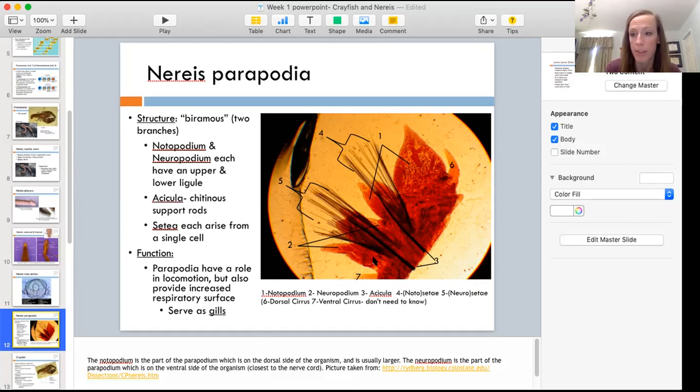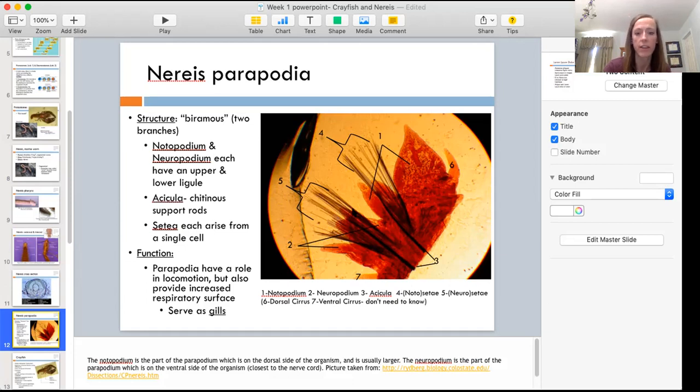You can remember this by the fact that the neuropodium is closer to the nervous system, the ventral nerve cord. Again, there's an upper and a lower ligule to both the notopodium and the neuropodium.